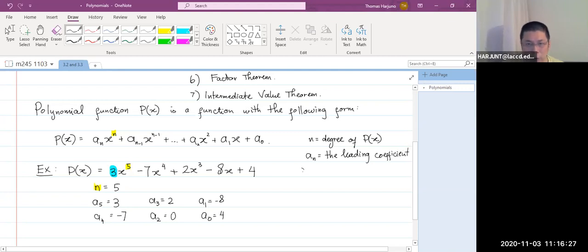Now, a sub n x to the n is the leading term. So in this case, the leading term is 3x to the fifth. Now a sub 0 is also called the constant term, or simply just the constant.